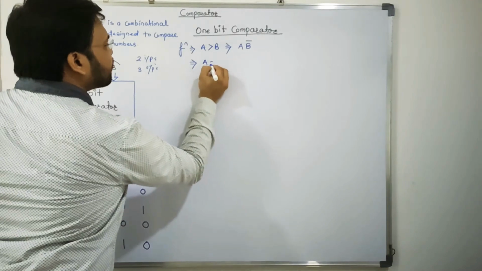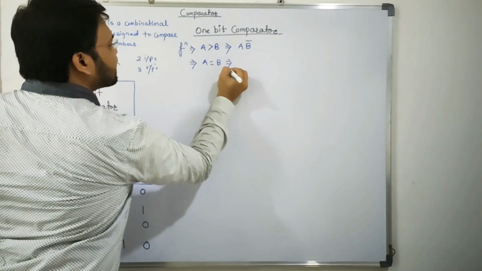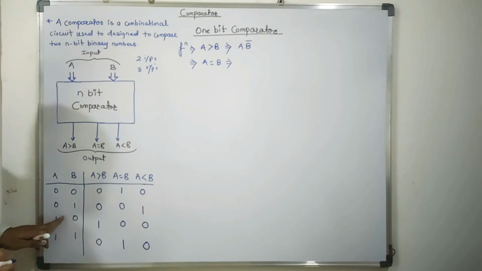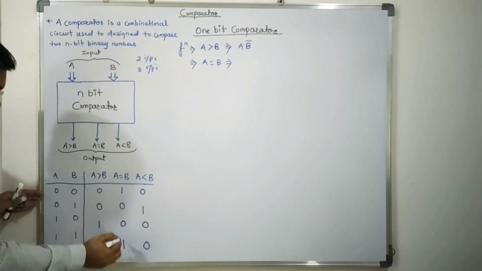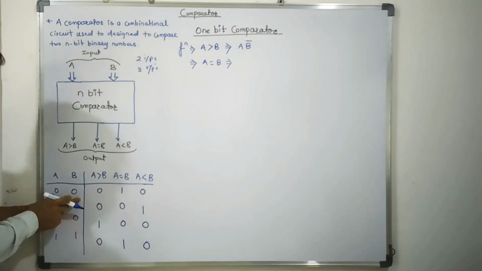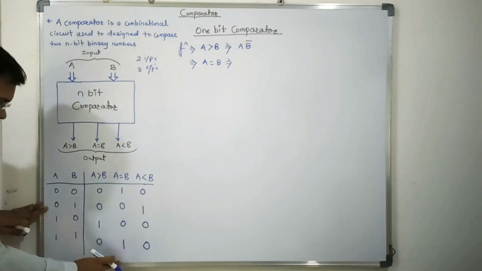Now the function for A equal to B. Here the logic 1 occurs for the inputs 0 0 and 1 1.